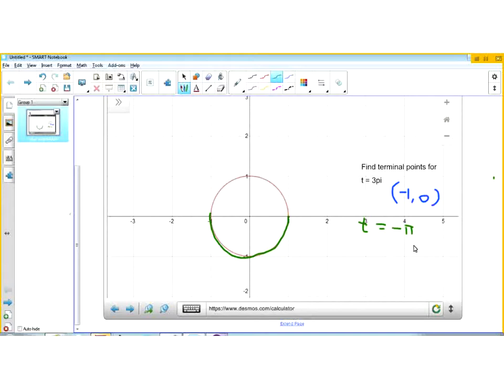And so we end up at the point negative 1, 0, right there. So the terminal points for 3 pi and negative pi are the same point, negative 1, 0. All right, and then let's do another example. How about we find the terminal point for negative pi halves?